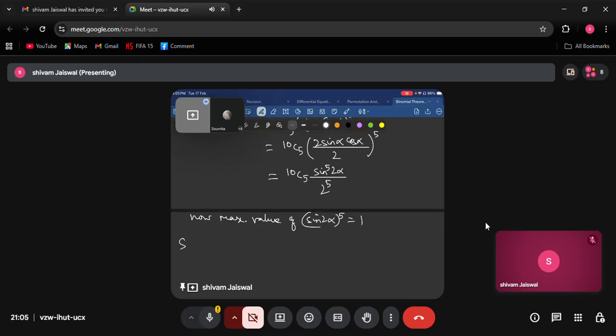So the greatest value will be 10C5 divided by 2 to the power 5. This will give us 252 by 32. This will go by 4 times 8, 4 times 63. 63 by 8 is your answer. Shwamita, is it clear?